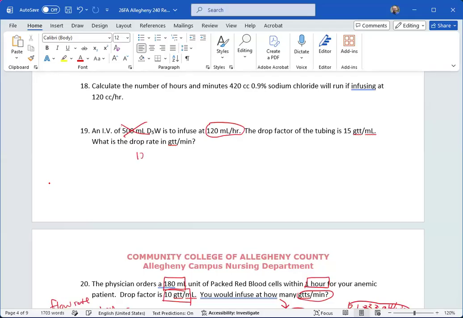So this is 120 mL over 60 minutes times the drop factor. Again, you don't have to do this, but I do it because why not? It shows us what we're left with. 120 over 60 is 2 times 15. So being consistent with my other answer, it's 30 drops per minute again.